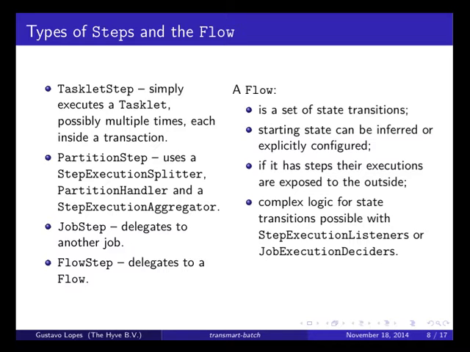So after a portion of the flow, for instance, the step ends, it will exit with some exit status, and that will be used to decide the transition to follow. You can also have wildcards, and you can rewrite this exit status and implement complex logic for said transition using step execution listeners or job execution deciders. Which one? Well, depends on the circumstance.